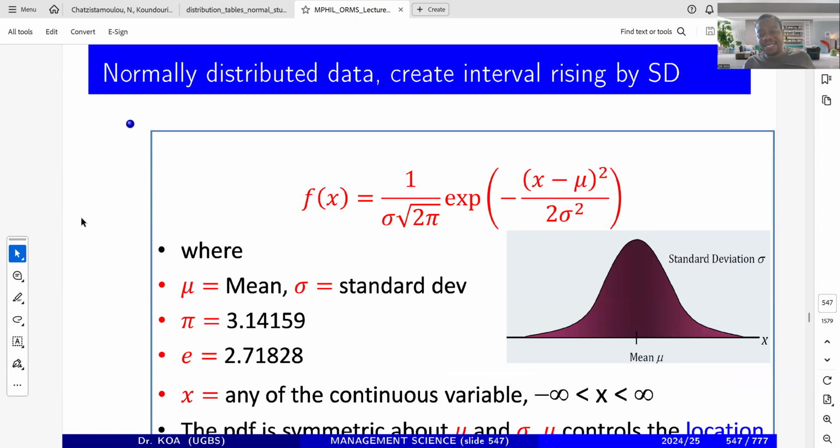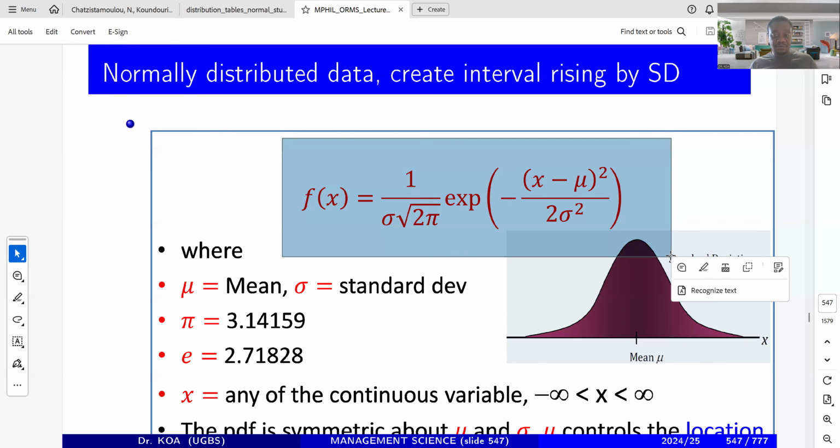Now, let's talk properly about the normal distribution. This is the same thing as the normal distribution, but it is what we call the function, the function of the normal distribution. And this is a complex function. If you look at it, it's a whole function, and the details of the function are here.